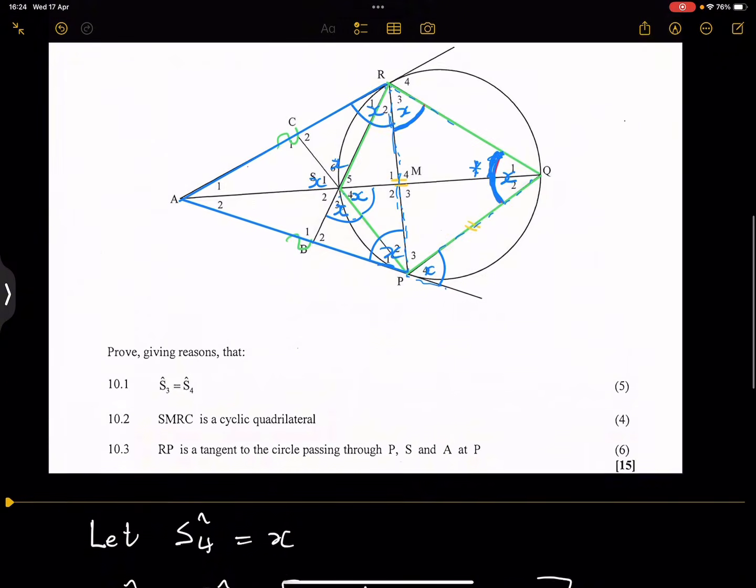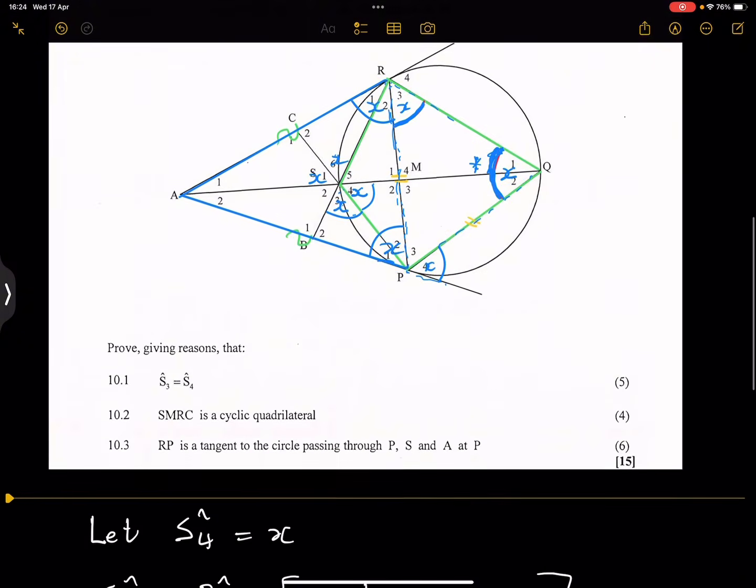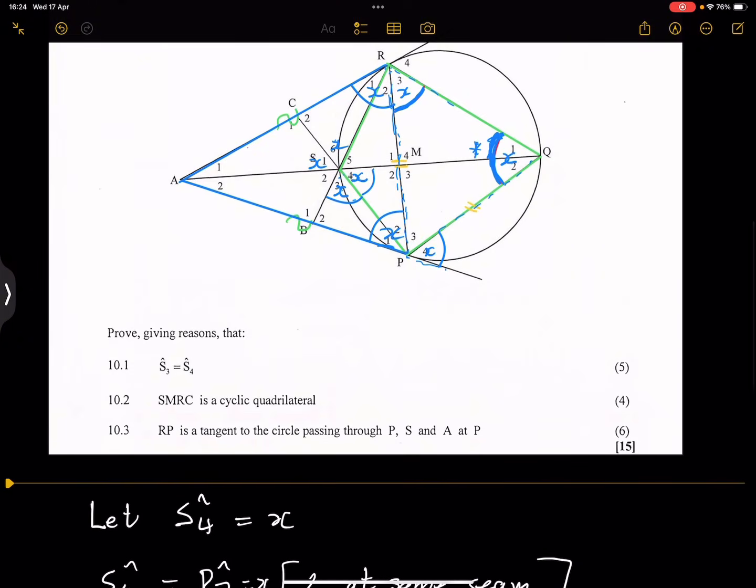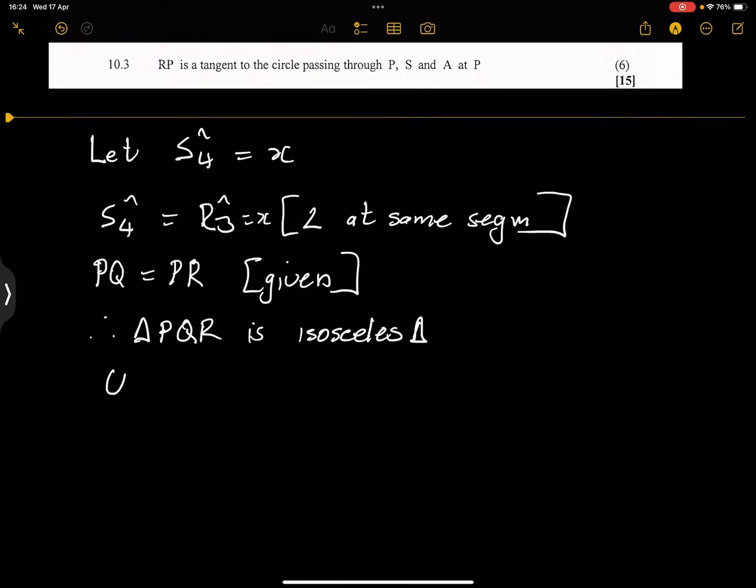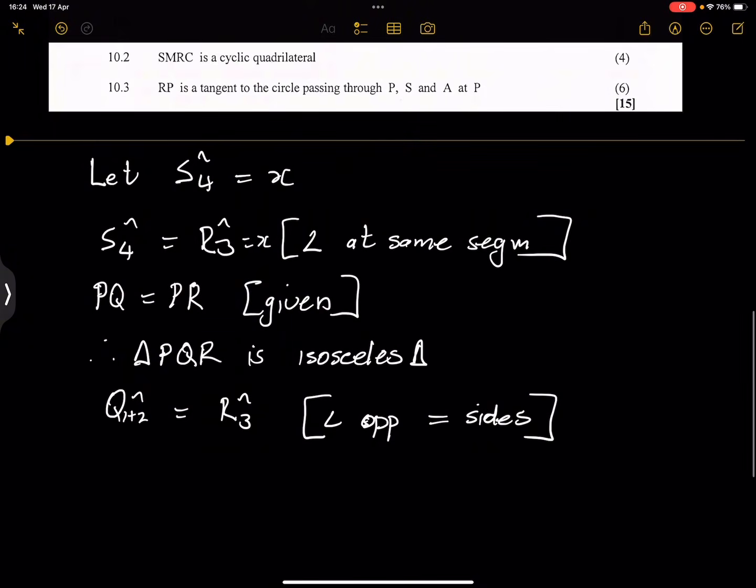So in this case, it means that R3 would therefore be equal to angle RQP, or you can say Q1 and Q2, right? So Q1 plus Q2 would be equal to angle R3. And why is that? Angles opposite equal sides. Or you can say the base angles of an isosceles triangle, right? So that is also equal to x over there, right?